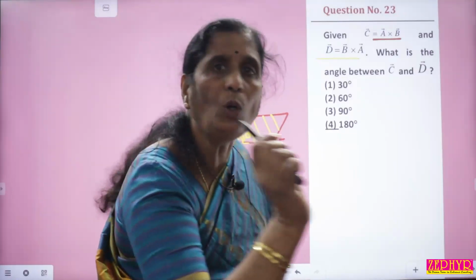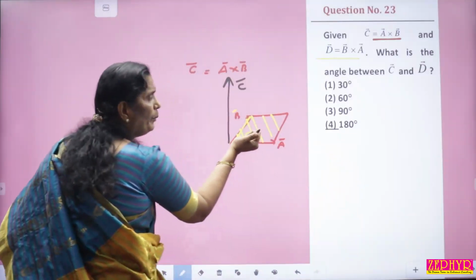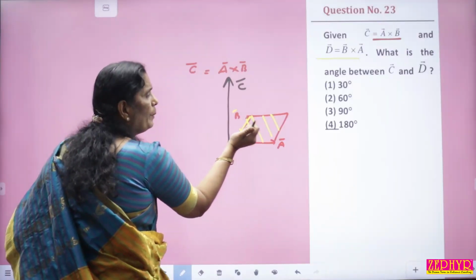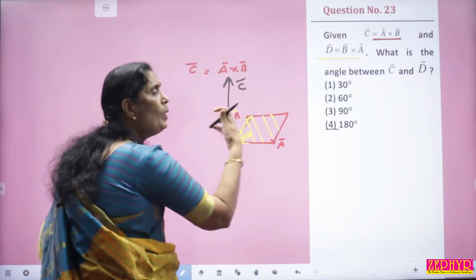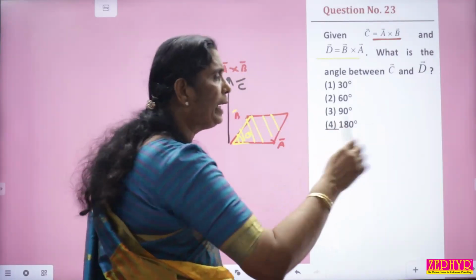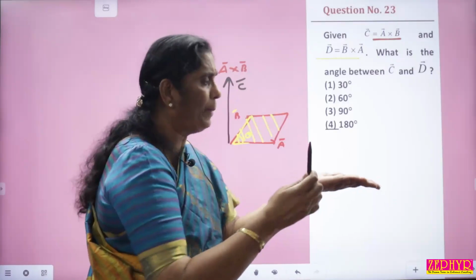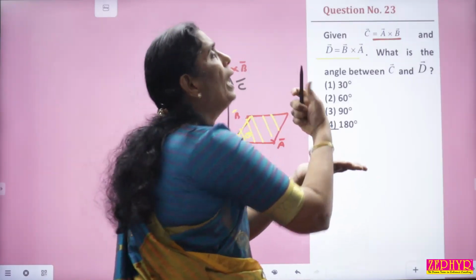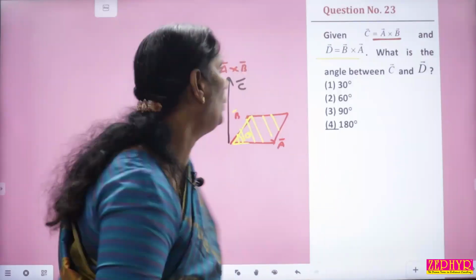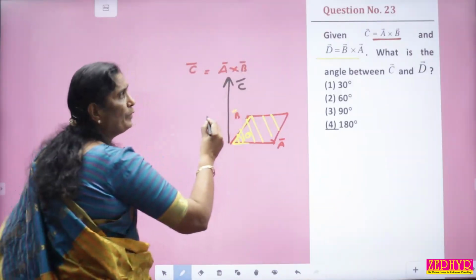You have to move from A to B. Look, I am moving. So this is the thumb. So we have to move from A to B. So this is the direction of C.